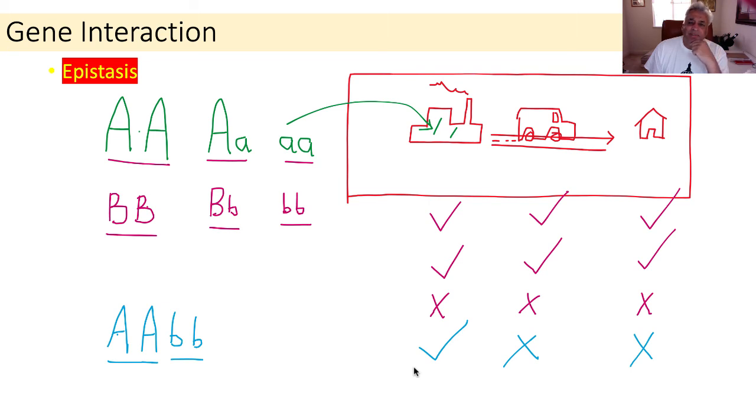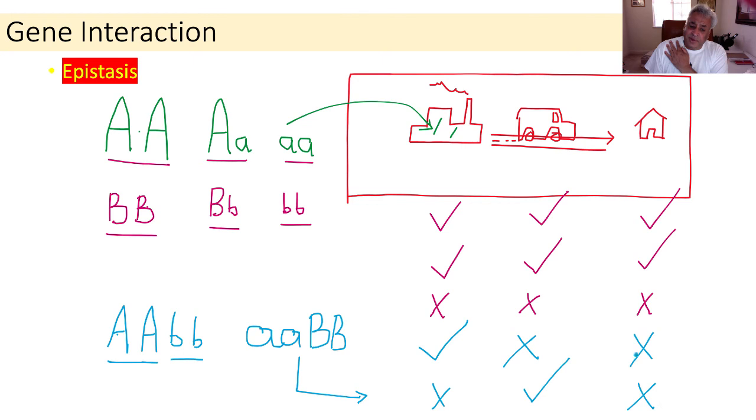That is epistasis. So let's look at a final example. Say you were this particular configuration. A, small a, and big B, and we could put anything here. Let's put big B. So in this case, the factory is broken, the trucks are working, but there's nothing for the trucks to deliver.